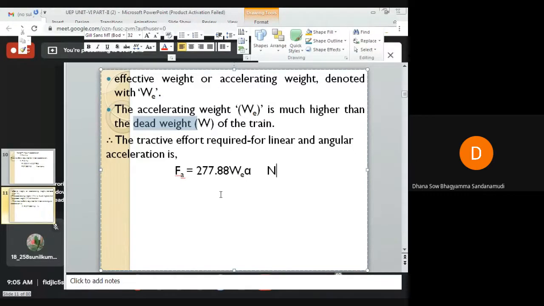So we must consider this accelerating weight We. When you include We, Fa will be equal to 277.8 We alpha. Just note down this expression.